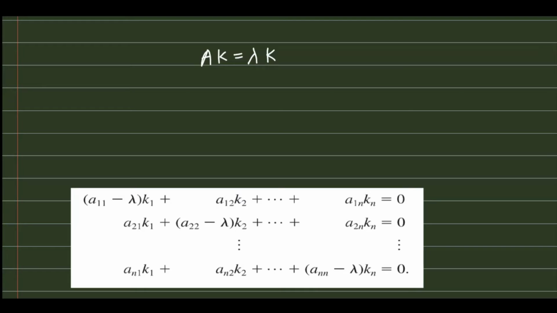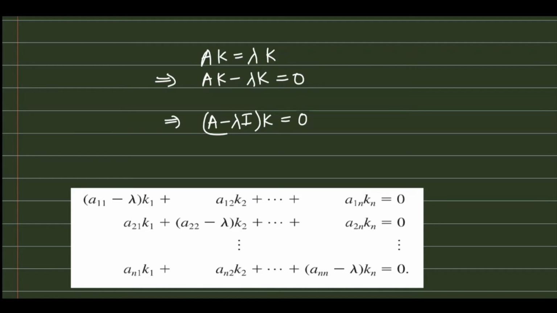Now if we take the RHS to LHS, this implies AK minus lambda K equal to 0. Now if I take K outside, (A minus lambda I) K equal to 0. Here you can see that A and K are matrices, so I cannot write lambda itself.